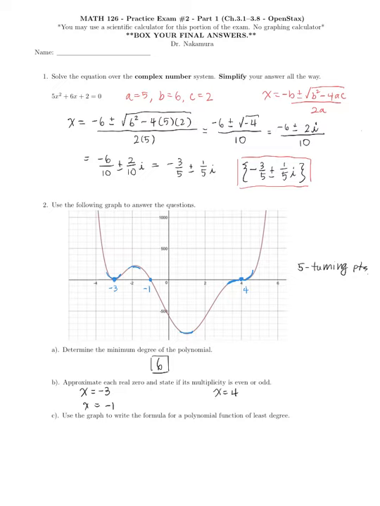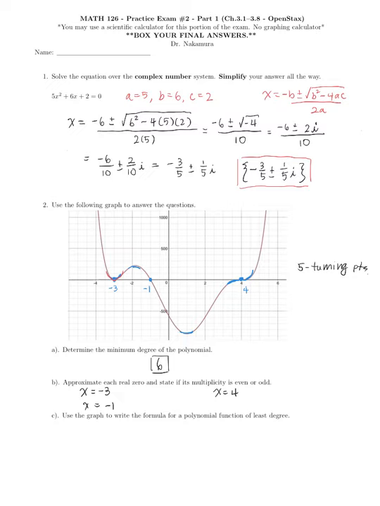Now let's figure it out. Either the multiplicity is going to be even or odd. So if I look around x equals negative 3, notice that the graph touches the x-axis at negative 3 and it bounces back. That means that, look at it, around negative 3, you've got a parabola going on.